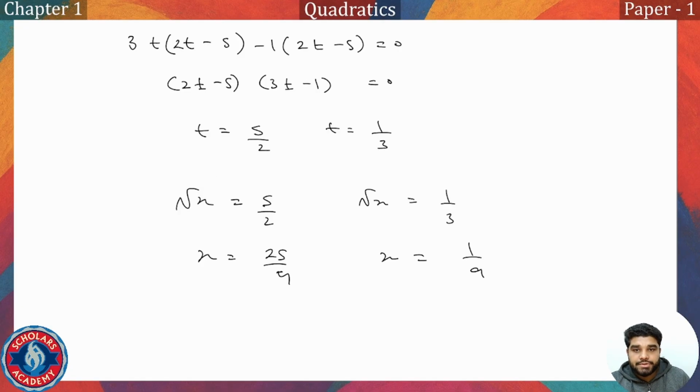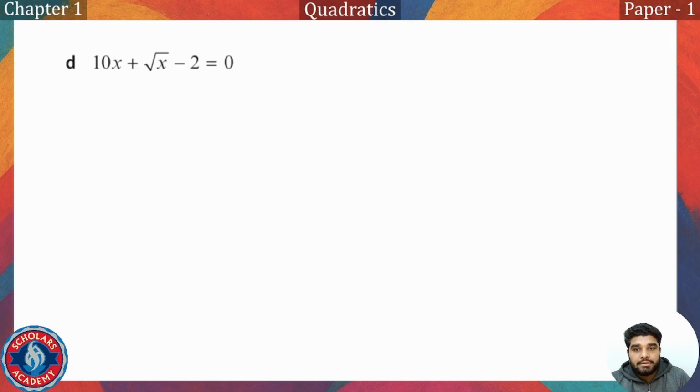Let's move towards the next question. Again, taking root of x as t, we get 10t square, not t square, plus t minus 2 is equal to 0. So product is negative 20, sum is 1.